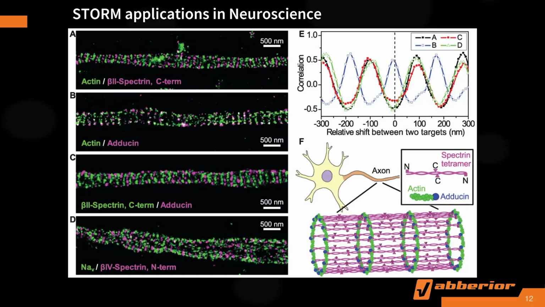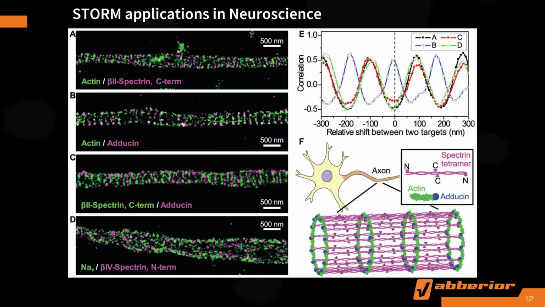In those years, we knew nothing about the organization of actin in the axon. We know there's a lot of actin in the somatodendritic compartment, in the axon initial segment, but we don't know how the actin cytoskeleton was organized in the axon.